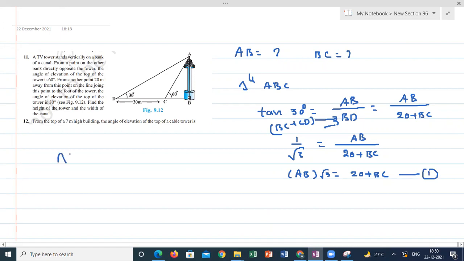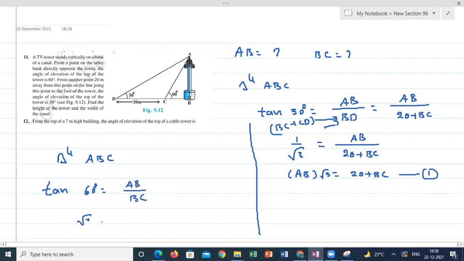Is it clear how I got the first equation? Is everyone clear with the first equation? Now taking triangle ABC, if I'm taking tan 60, it is AB by BC.